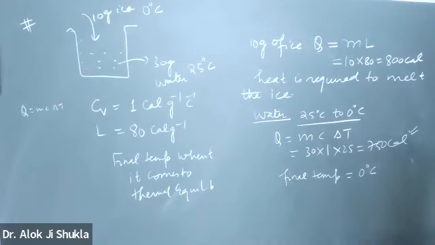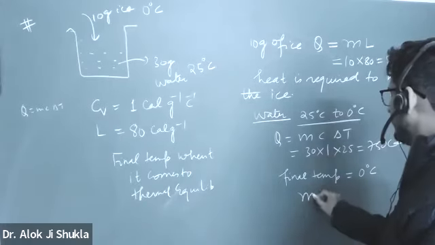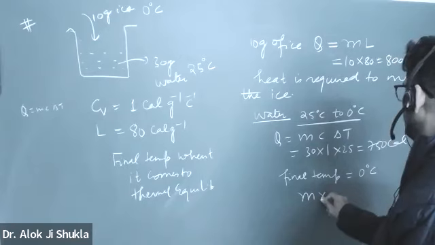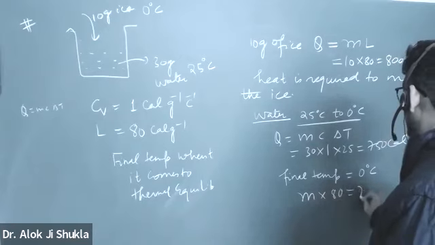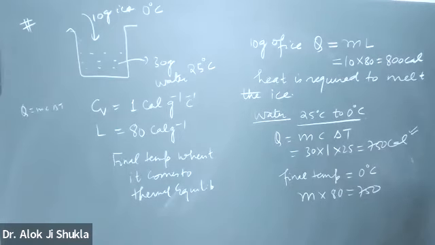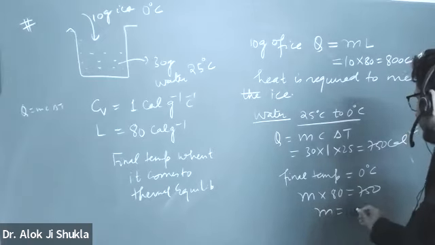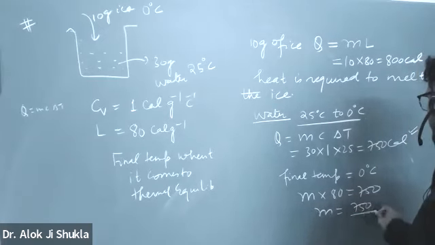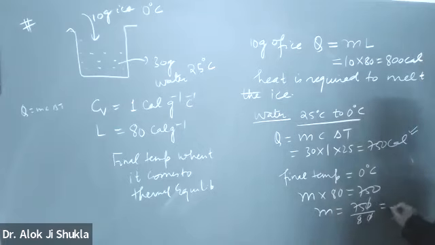So the only mass that will be melted is m into 80 is equal to 750. Correct? So what is the mass that will be melted? 750 by 80, which is 9.375 gram.